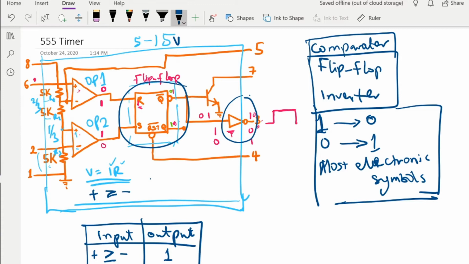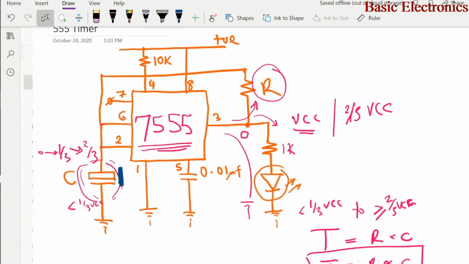And let's check what happens to pin 6 at that moment. The time that pin 6 and pin 2 were grounded, it guarantees that the positive input of op amp 1 is also lower than the negative input of op amp 1. And in that case, the output is 0. And because it's 0, it cannot reset the flip-flop.